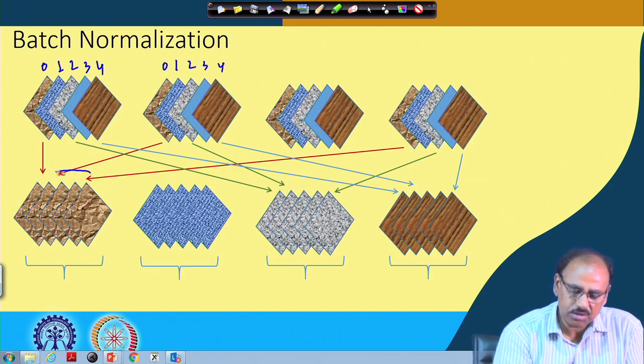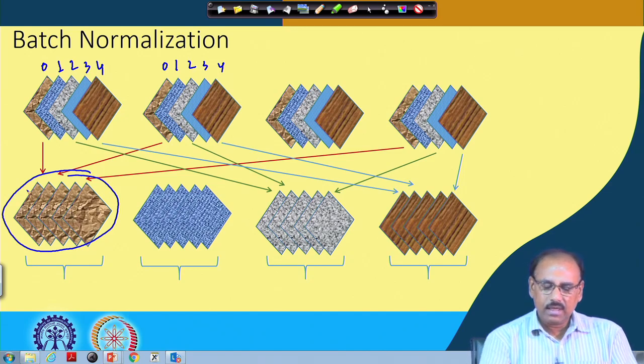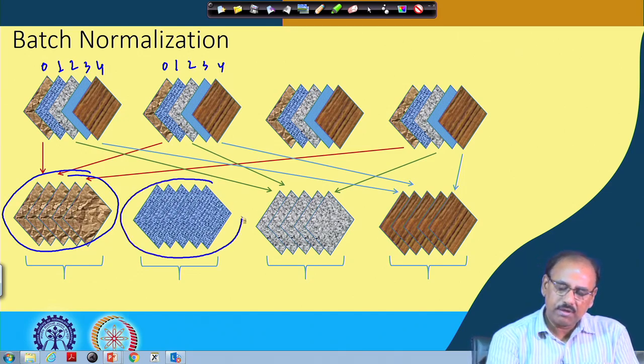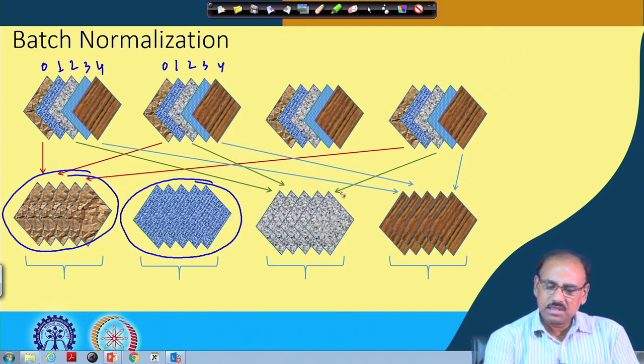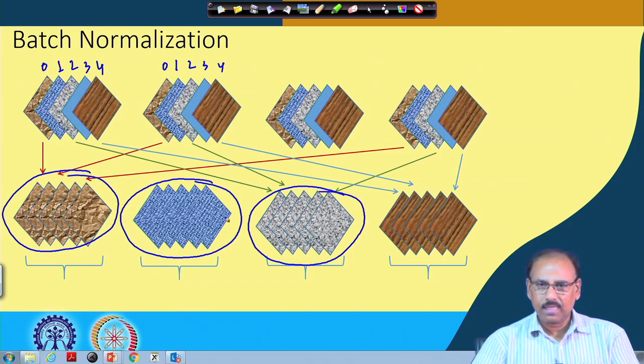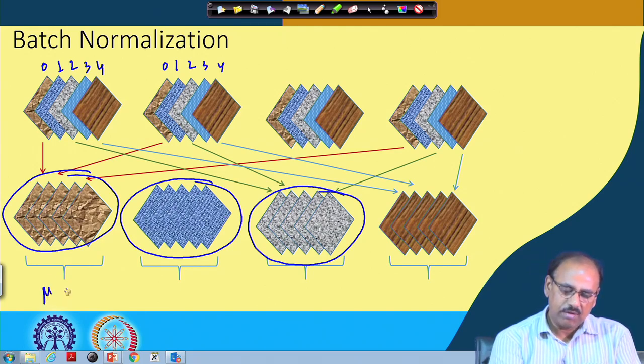You find that in this group, we have made a group of channel zeros computed from all the training examples. This is a group of the features in channel 1s from all the training examples. This is the group of features from channel 2 from all the training examples. And then when you compute the mean and standard deviation, you compute one mean and one standard deviation for each group. Say this is mu 0 and standard deviation 0.